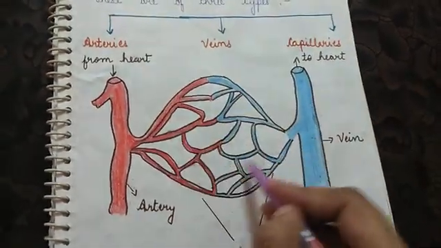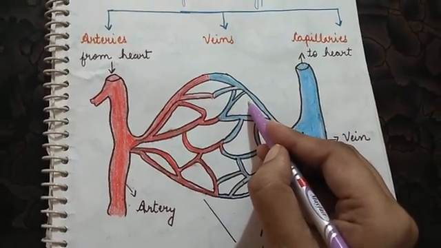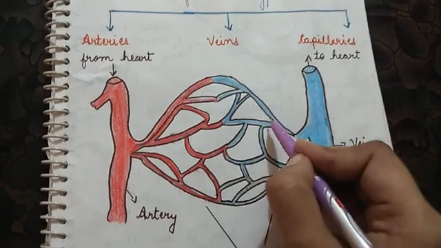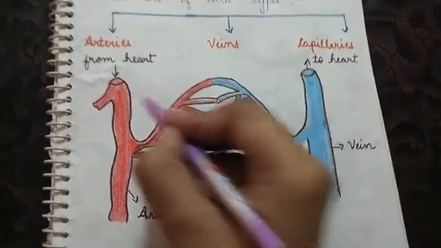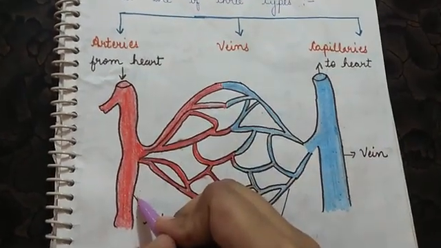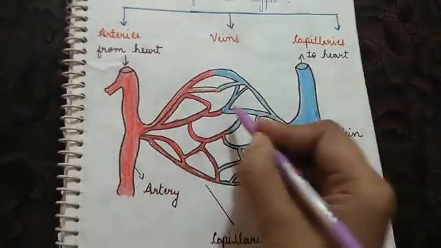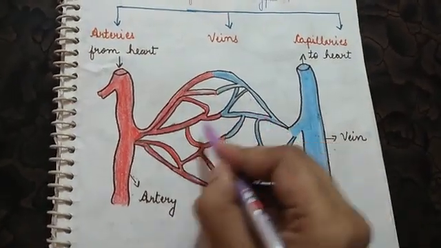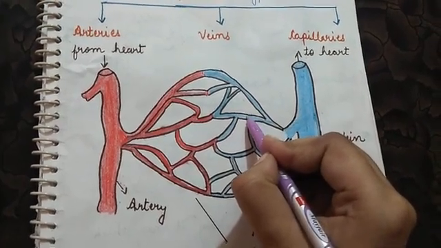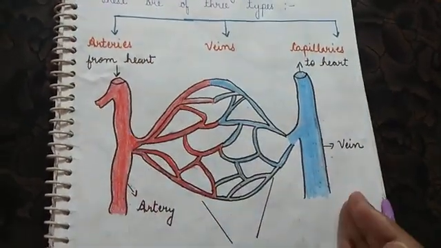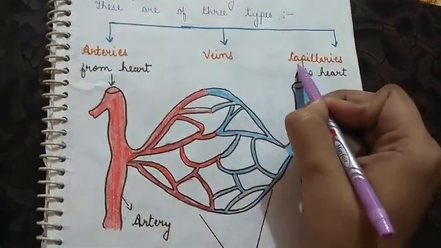And capillaries, you can see the combination of both colors, which means that they carry both oxygenated as well as deoxygenated blood. Once again, see, arteries carry oxygenated blood, veins carry deoxygenated blood and capillaries carry both. So this was about the structure of arteries, veins and capillaries.